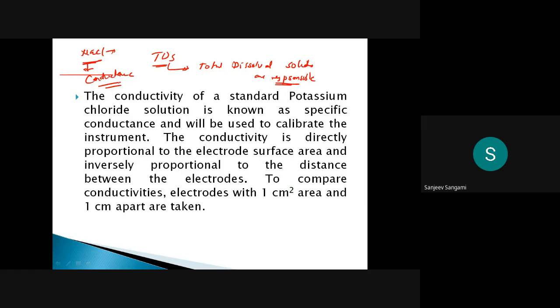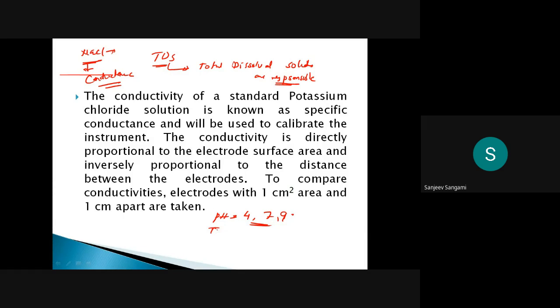Before that, I already said that in the turbidity experiment you have to calibrate the instrument, and in pH also. In pH, you used standard known solutions like pH 4, pH 7, and pH 9 to calibrate the instrument.